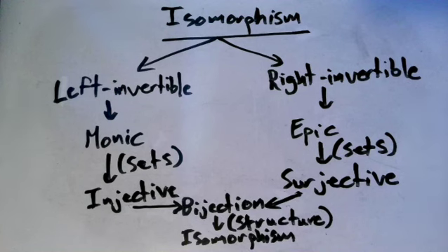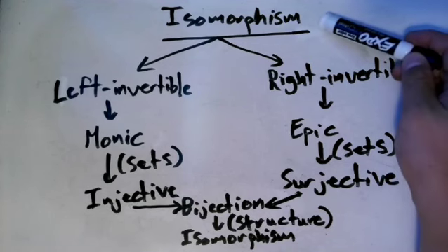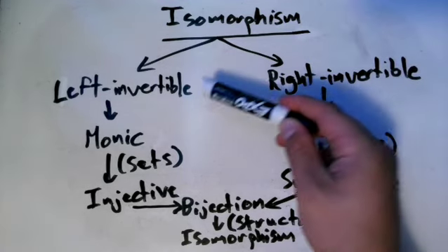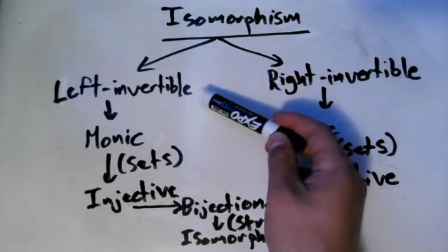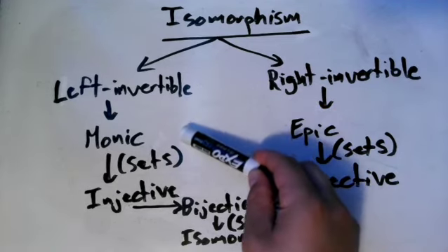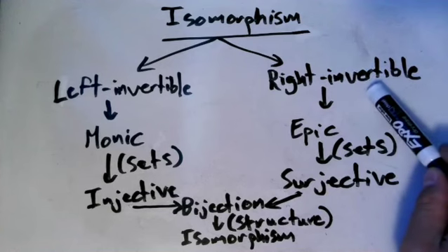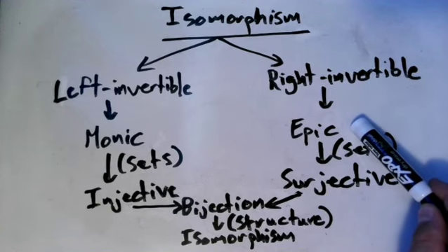We'll conclude with one more observation, translating back to the language of sets and set-like objects. So we've just seen that an isomorphism is a morphism which is both left-invertible and right-invertible. We also saw that left-invertible morphisms must be monic, and that right-invertible morphisms must be epic.